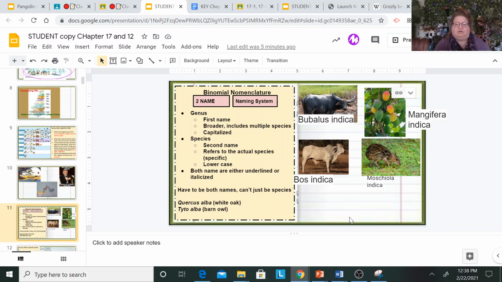Same thing with the owl. And then another example of these, indica is referring to the fact that these are all found in India. And so you've got the Bubalus indica, which is the water buffalo, or Bubalus, I don't know how to pronounce some of these. Bos indica, there is the zebu, it's a type of cow.